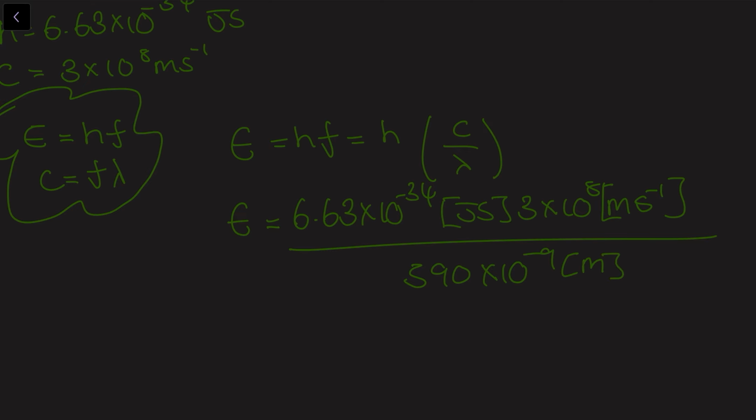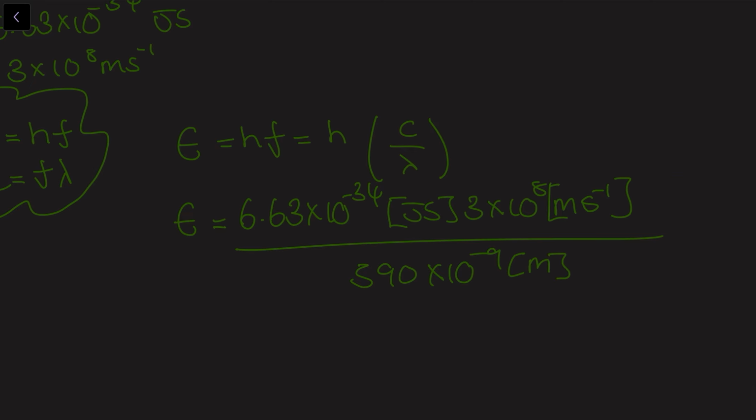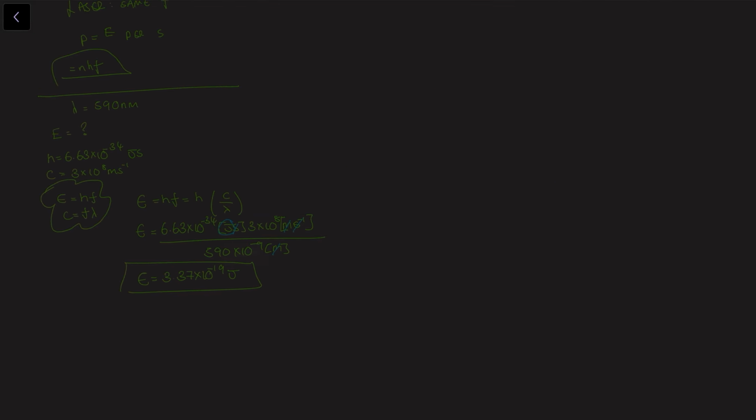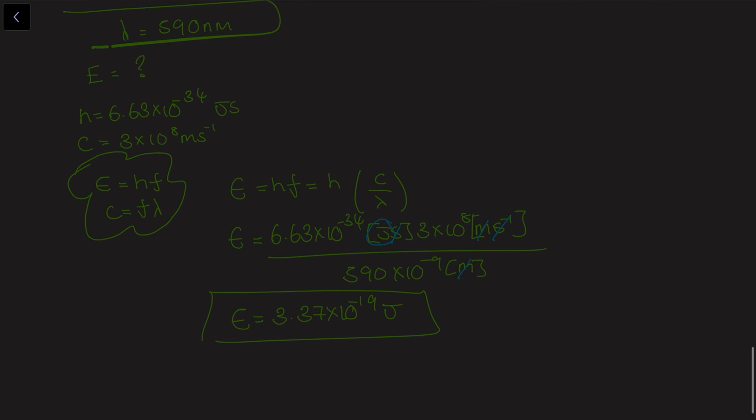Now we can quite easily check here that energy unit. So the m's are going to cancel, the s's are going to cancel. Therefore, this is the only unit we have left. So energy, I believe, should be equal to 3.37 multiplied by 10 to the minus 19 joules. This is the energy within the photon of wavelength there.